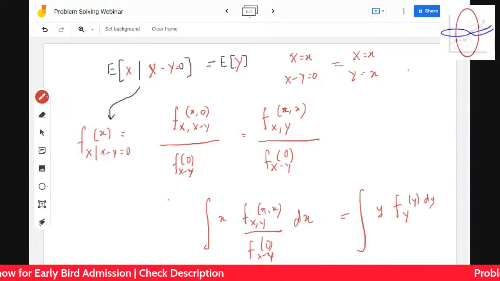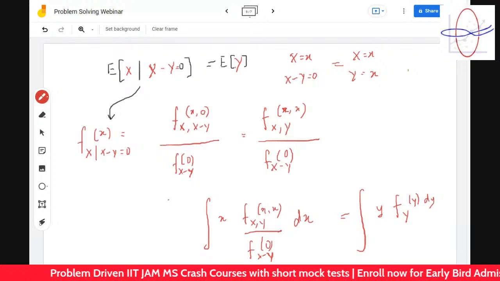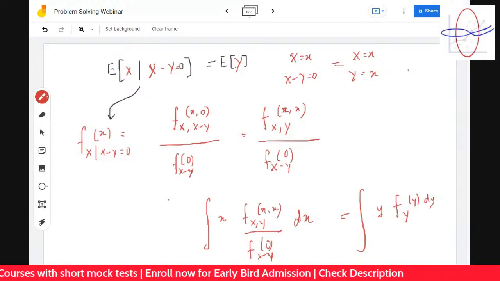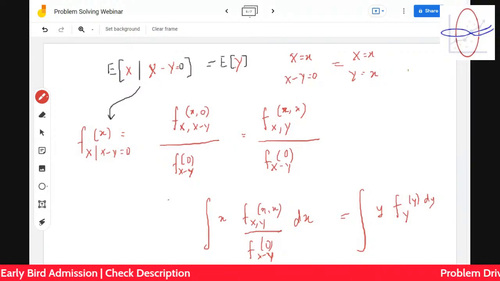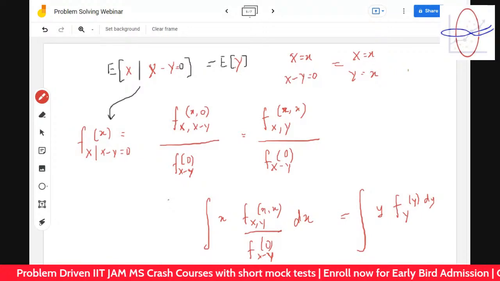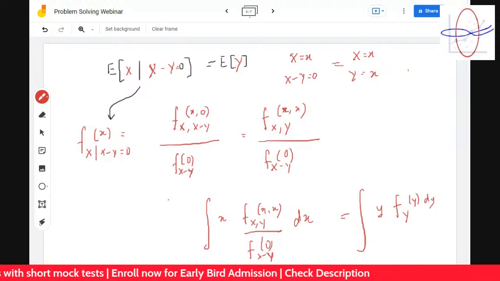This is very interesting. So is there an easier way out? Is there an easier way out? Tell me.